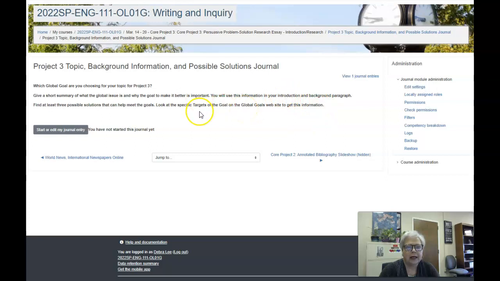And this is not going to be carved in stone. And so if you decide to change your mind after this and do something else, that is permissible. But what I won't allow you to do is sink yourself by getting halfway through this research paper and then wanting to change your mind and do a different goal.